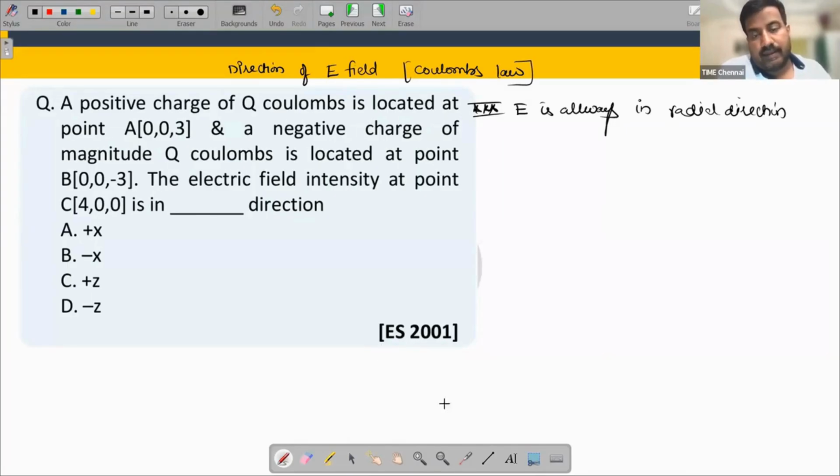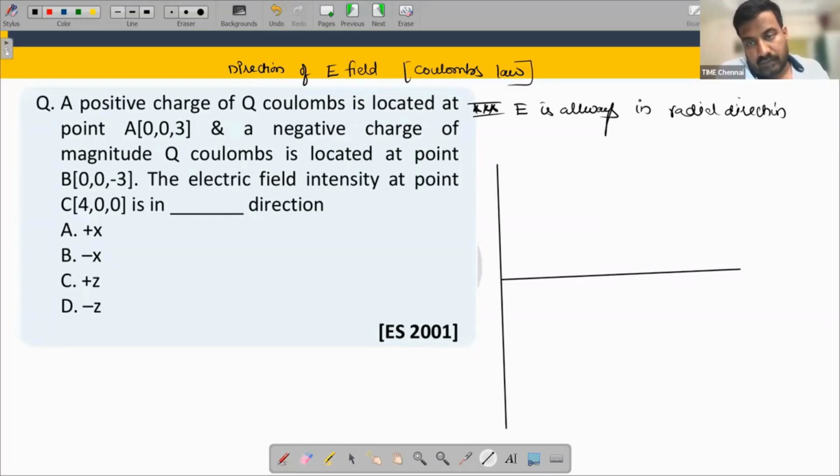How to find this? A positive charge of plus q coulombs is located at 0 comma 0 comma 3, and a negative charge of minus q coulombs is located at 0 comma 0 comma minus 3.